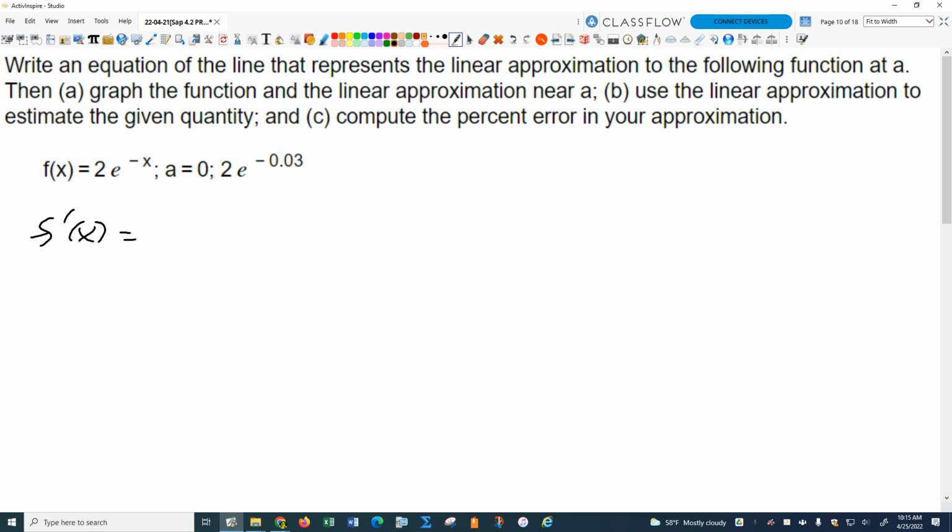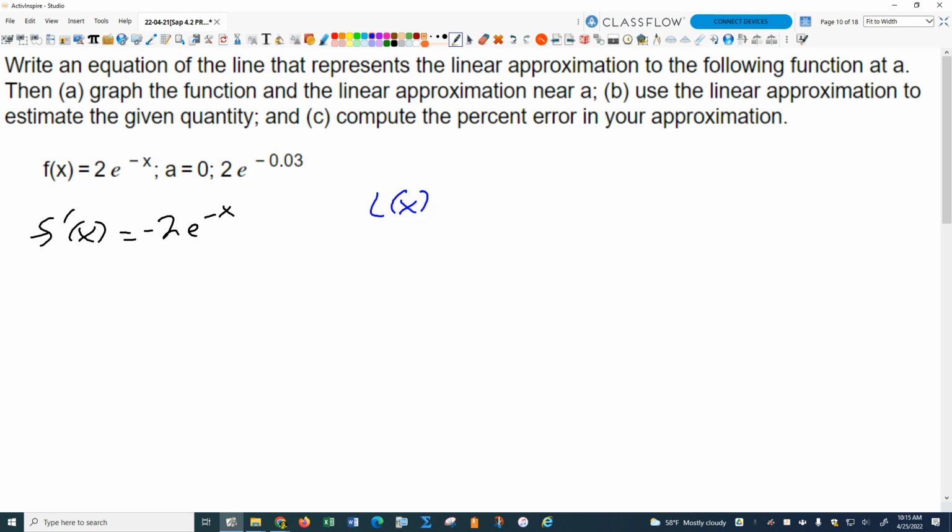What's our derivative function here? Okay, everybody give me thumbs up. Everybody agree? Okay, good. Our convenient place is a equals 0, sorry.